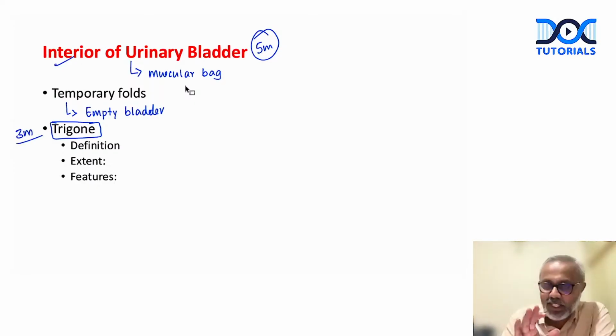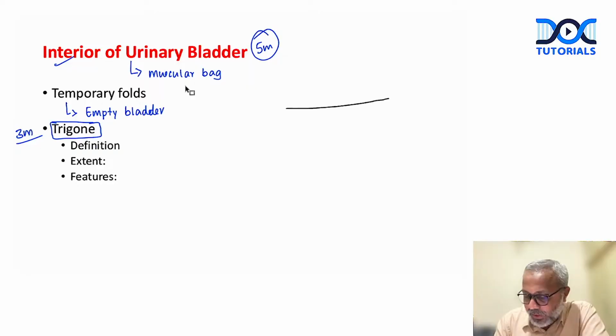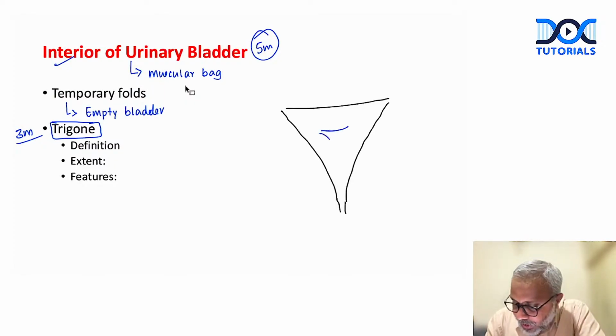Now, what exactly is trigone? Let's try to understand. If we draw the outline of the urinary bladder, so let's imagine this is the outline of the urinary bladder, continuing as the urethra. The posterior wall or the posterior surface of the urinary bladder shows a triangular area, right?